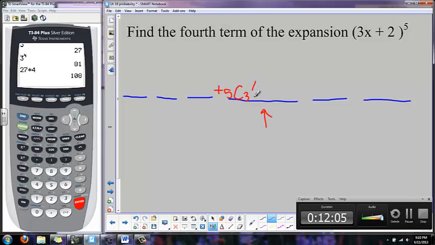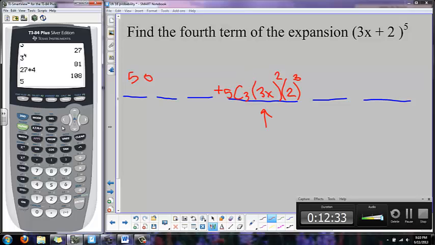The second part, I'm going to write the 3x in parentheses and the 2 in parentheses. Now remember that this first term would start at its highest exponent, so it would start at 5, 4, 3, 2, 1, 0. And then the second term would start at the lowest, 0, and count up, 0, 1, 2, 3. So instead of writing it all out, I'm really only concerned with this 4th term.